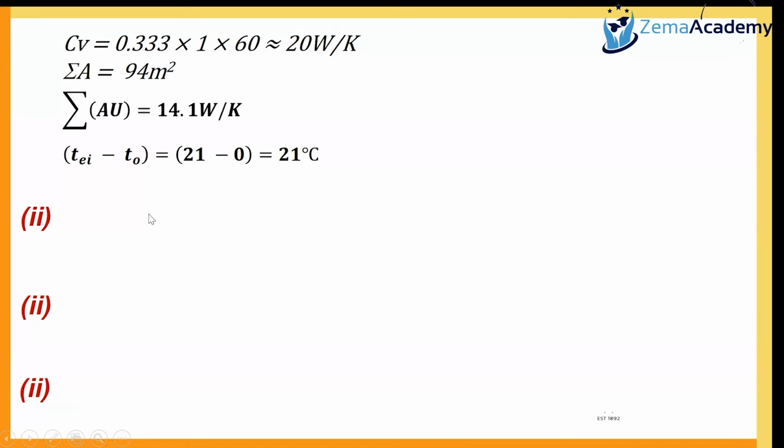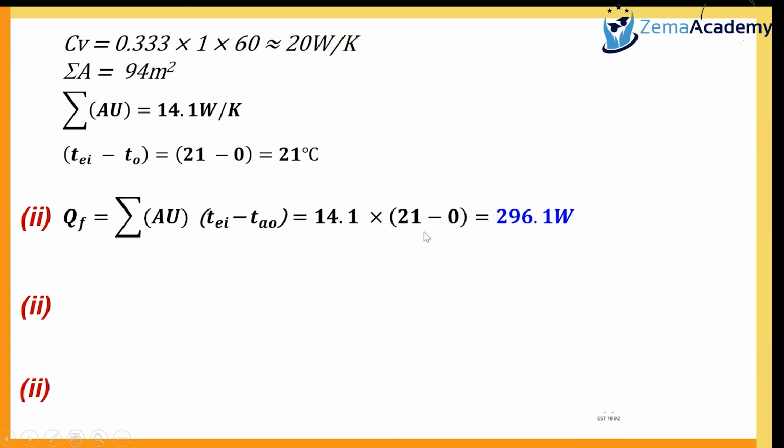So now our task is to calculate the second part, which was to calculate the ventilation heat loss and the fabric heat loss. All the terms that were calculated in the previous slide, I have brought them up. CV is 20, summation A is 94, thermal conductance is 14.1, and the temperature difference, inside environmental minus outside, is 21 degrees C. So the first term I want you to calculate is the fabric heat loss.